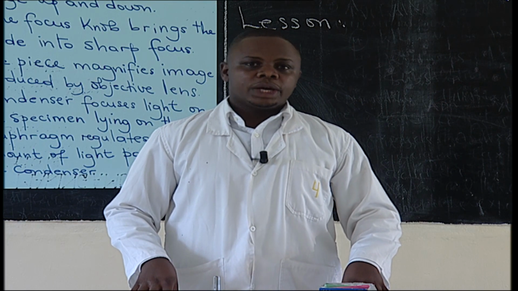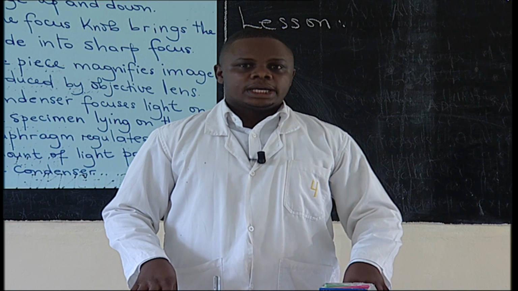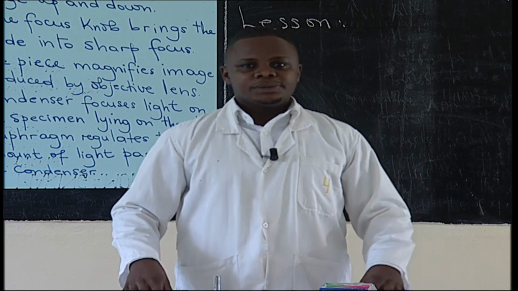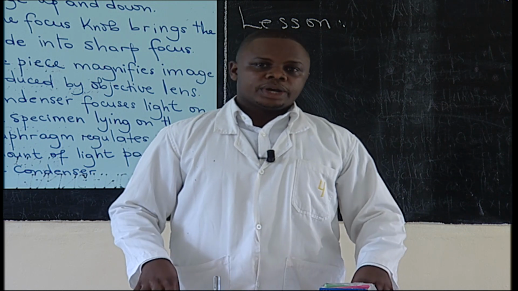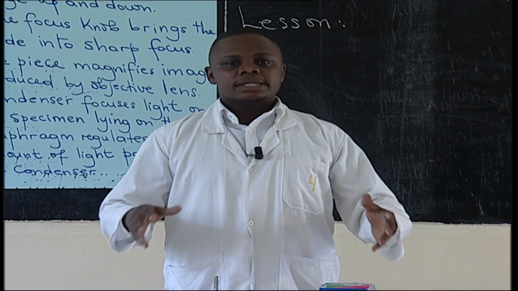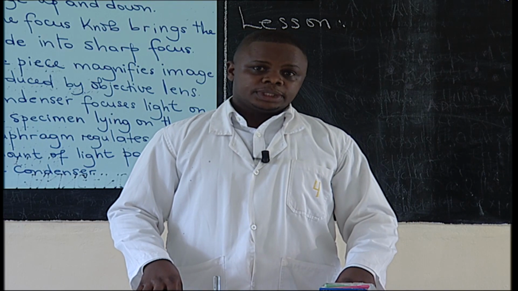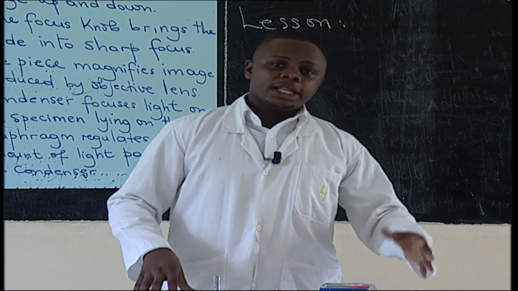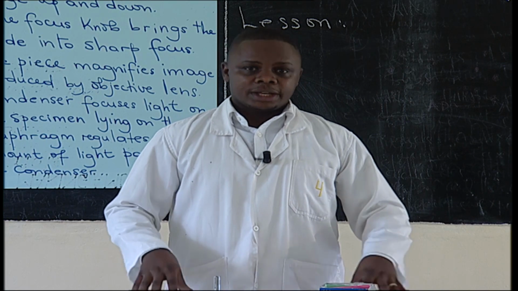We can't see them with our naked eyes. So that's why scientists designed measures of seeing those organisms, because some are good in everyday life, some cause harm to other organisms in everyday life.